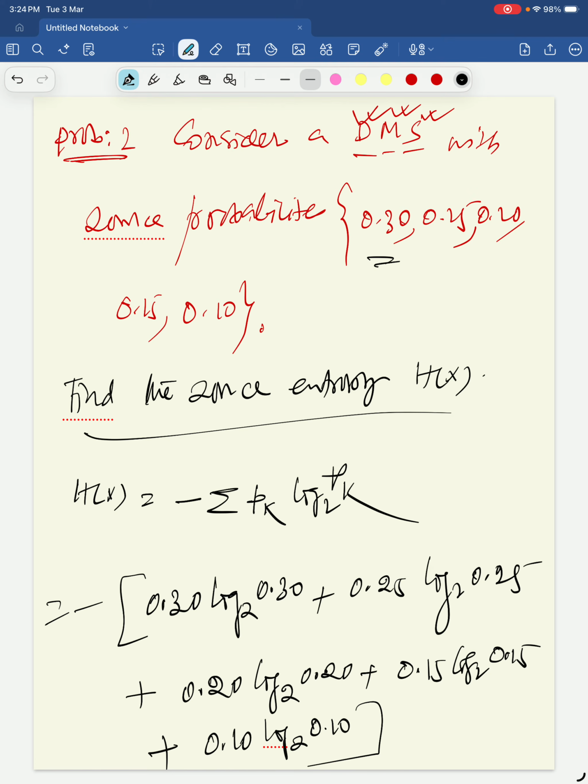So now we have to calculate 0.30 log to the base 2 of 0.3. Similarly, 0.25 log to the base 2 of 0.25.